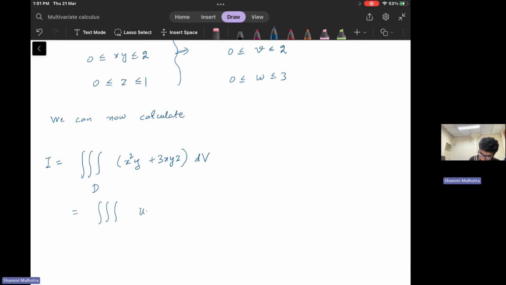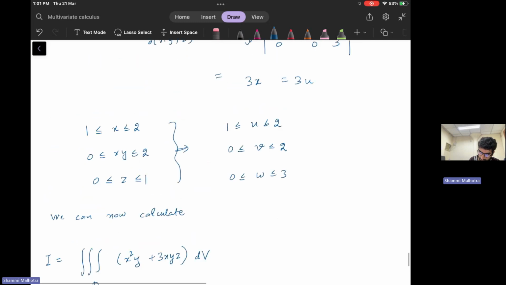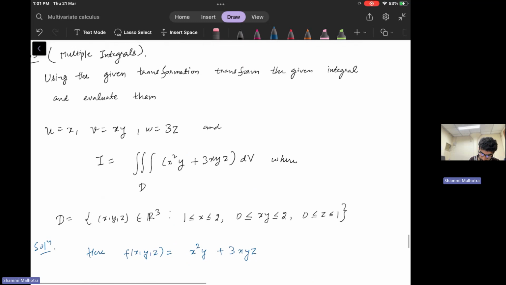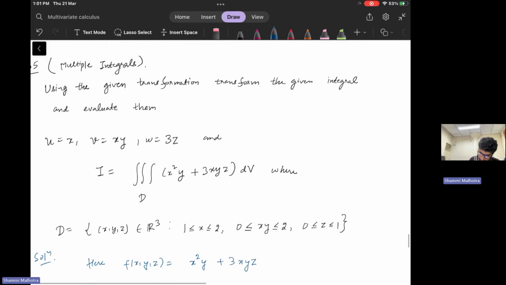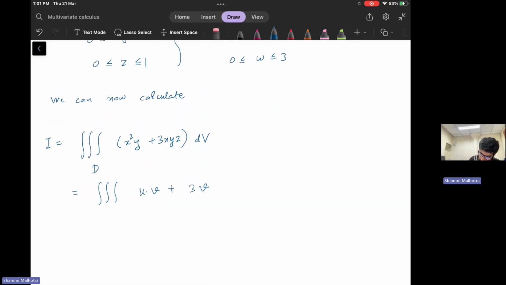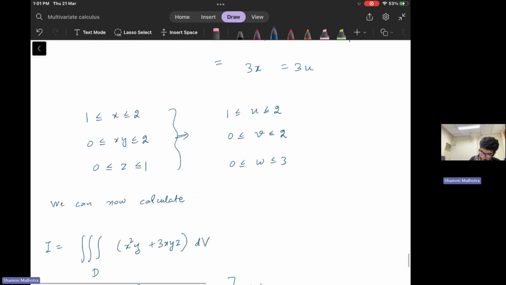So u times v, and 3v since my xy is v only, and 3z was w, so I can take z equal to w by 3, dV.